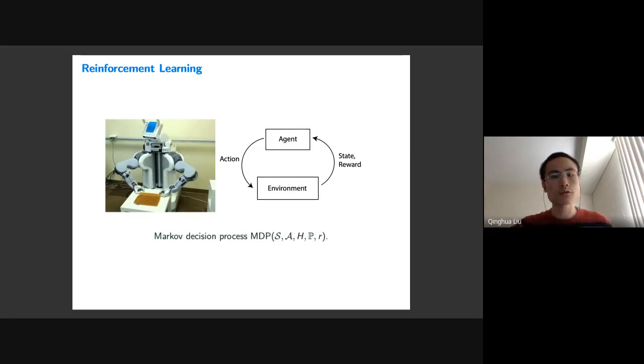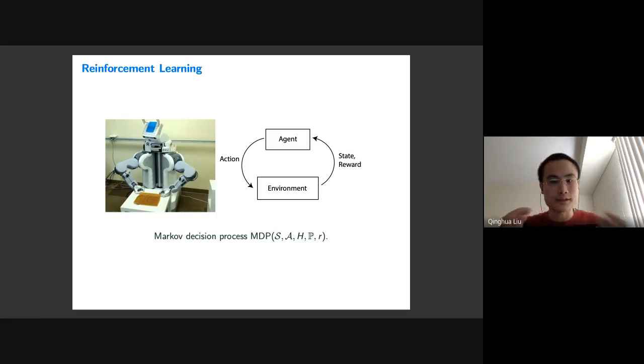When we want to understand reinforcement learning, usually we model it as a Markov decision process. Here I will just introduce it from a high level. Let's take this robot folding a towel as an example. The Markov decision process involves both the agent, this robot, and the environment. They are interacting with each other.